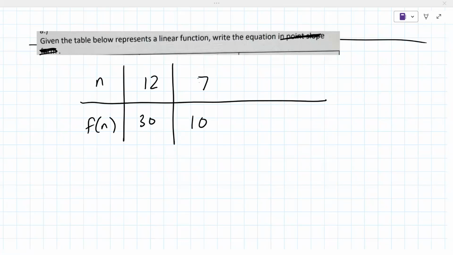All right, so after we have it, well, I guess this is technically point slope, right? I'm going to address it here shortly. I didn't realize that that was that close to these questions, but I'm looking for f of n equals.